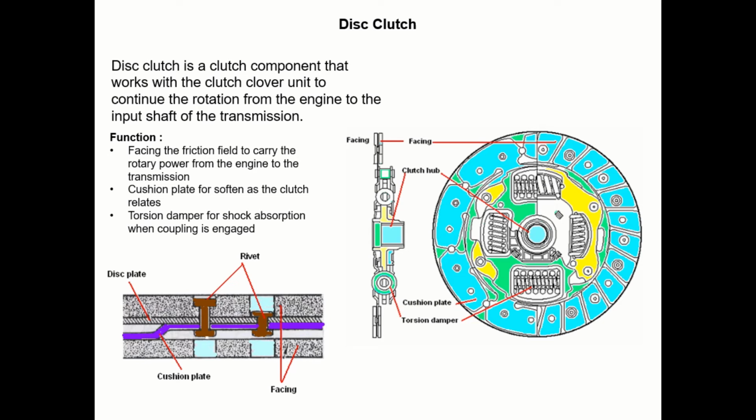The shape of the clutch disc is like a disc and it is made of a special material that is resistant to shock and friction, namely asbestos. The functions of the clutch disc are: the facing is the friction field to carry the rotary power from the engine to the transmission; the cushion plate is for smoothing the clutch engagement; and the torsion damper is for shock absorption when the clutch is engaged.